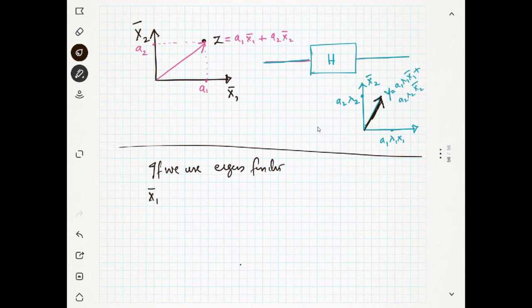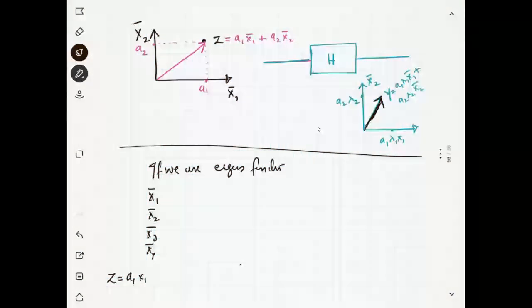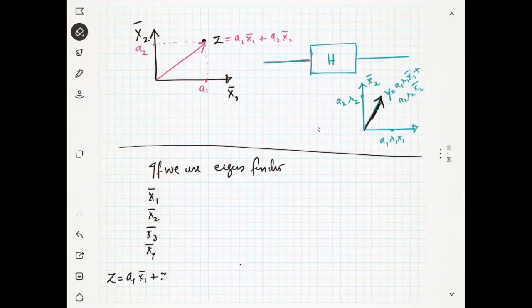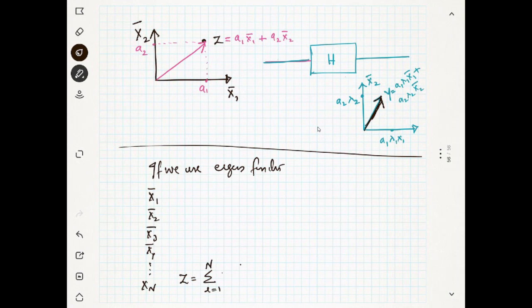Let's say x1 is an eigenfunction, x2 is another eigenfunction, x3 is another, x4 is another, up to xn. If you have an input z equal to summation i equal to 1 to n, ai into xi bar.